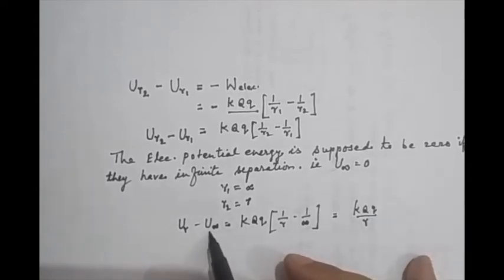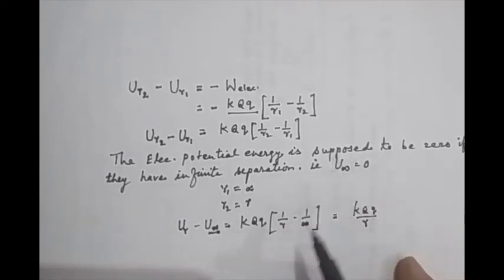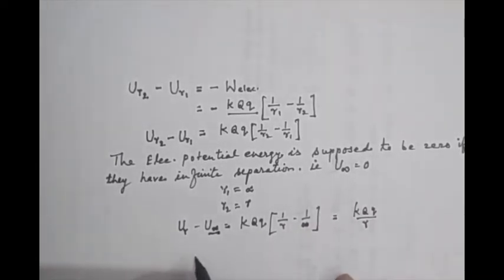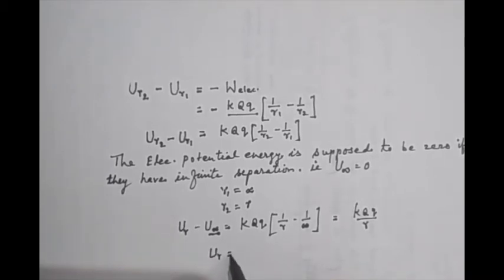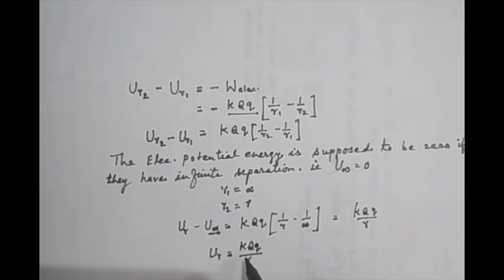Since U(infinity) is supposed to be 0, therefore we can write U(r) is equal to K Q q by r. This is the formula of electric potential energy of a system of two charged particles separated by distance r.